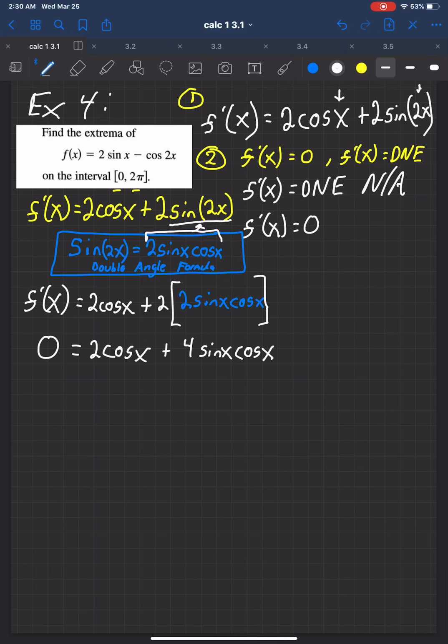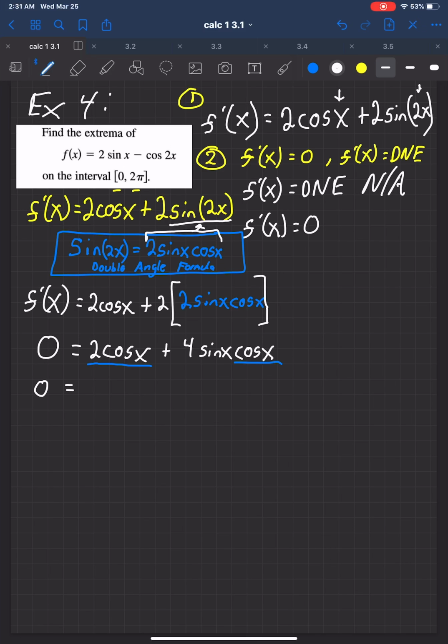I need to be able to factor out a function of x. As soon as I use this identity, do you see that now I can still factor out a 2, but I can factor out a cosine of x as well. That is going to be extremely helpful.